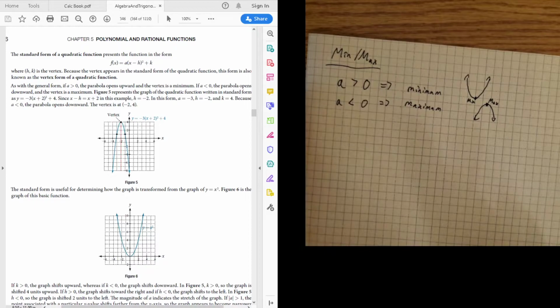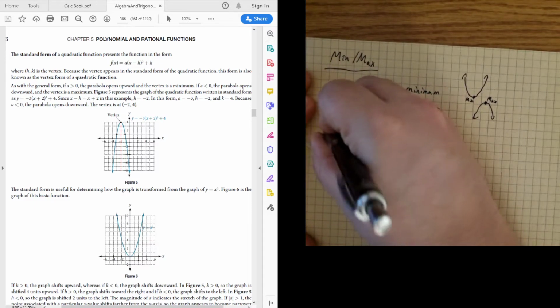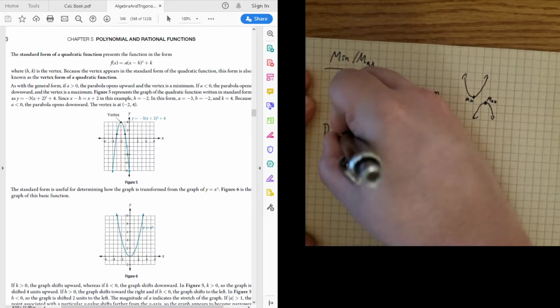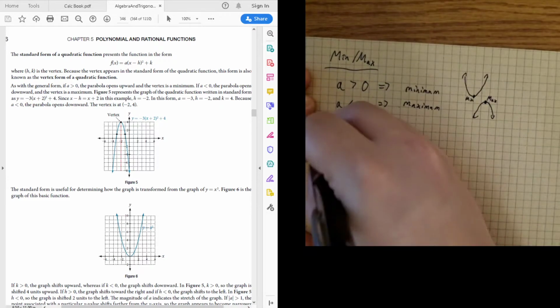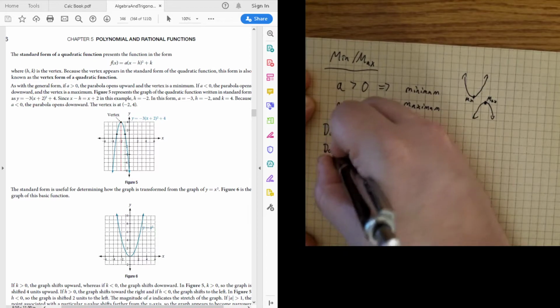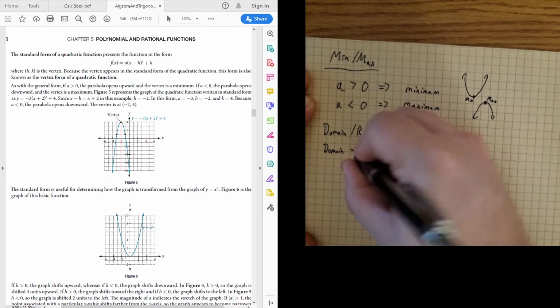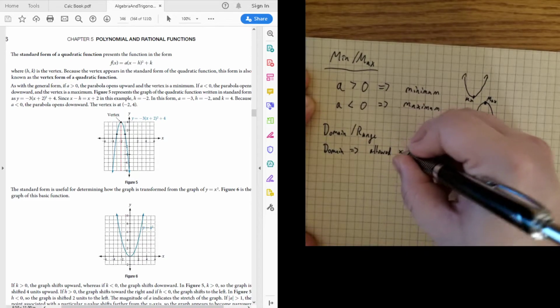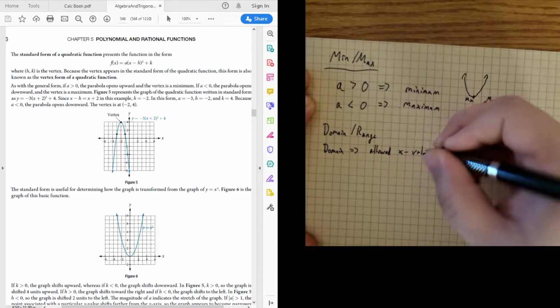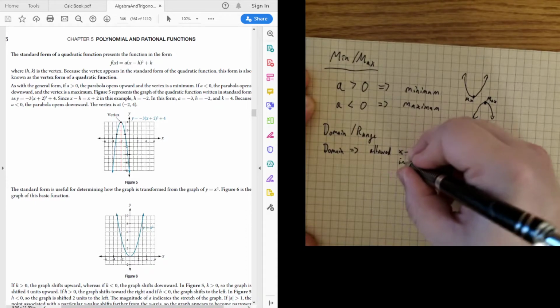All right. Along with min and max, let's talk domain and range. It's been a little while, so let's refresh ourselves. The word domain means the allowed x values. Or if you prefer, the allowed inputs.